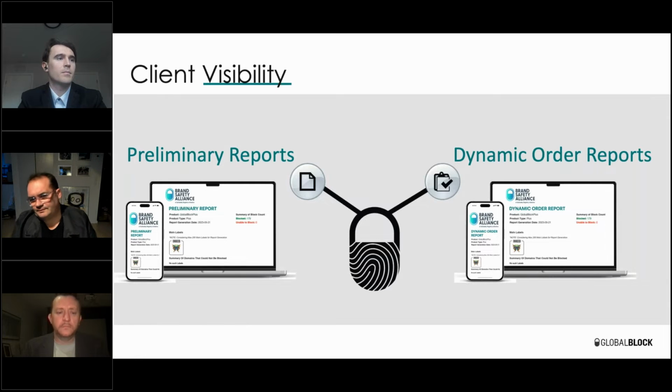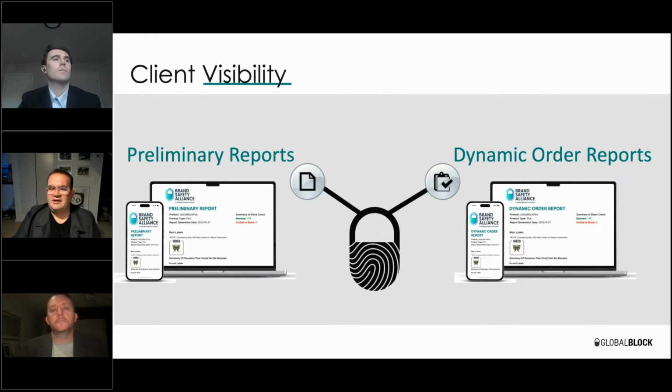And then finally, Tony showed you on the GlobalBlock website where you can go and calculate what type of coverage you would get from GlobalBlock. But I know that everyone will want to see more details than just those raw numbers. So through Markmonitor, you're able to order a preliminary report.